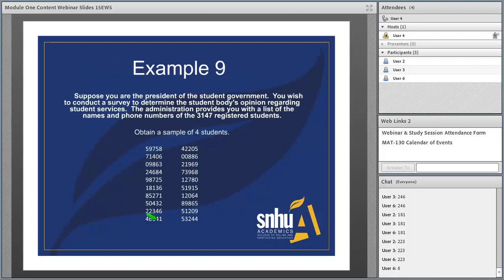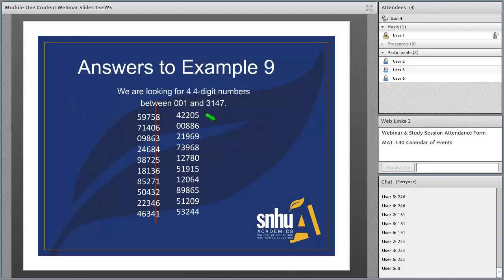I threw in one more example. Really the only difference here is that because there are 3,147 students, we're now looking at 4-digit numbers. So I put the red line four digits over, so that we're looking at 4-digit numbers.